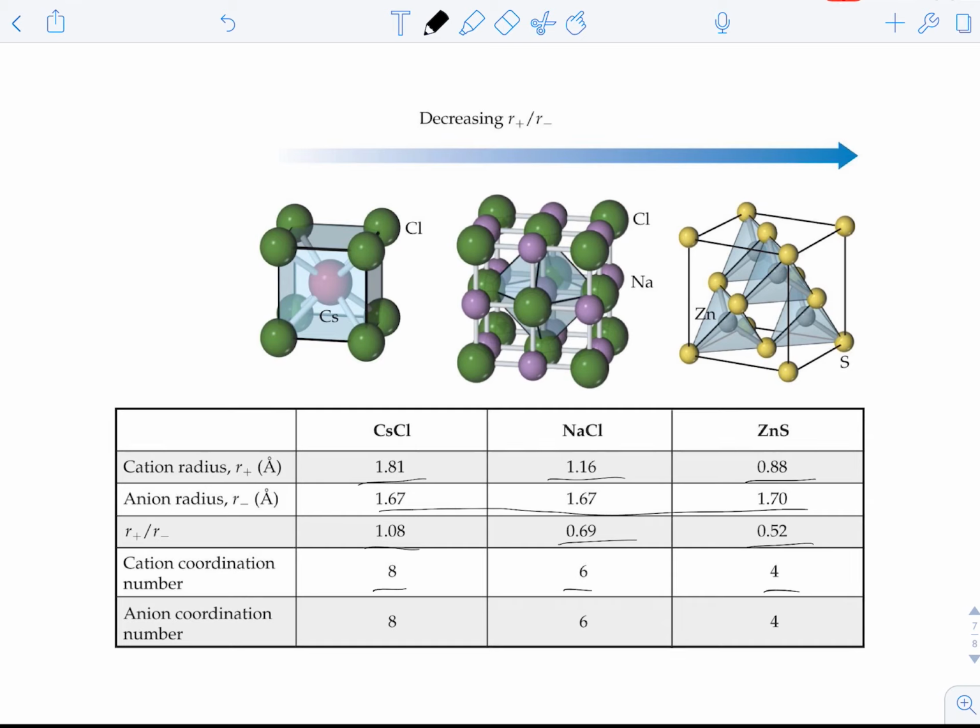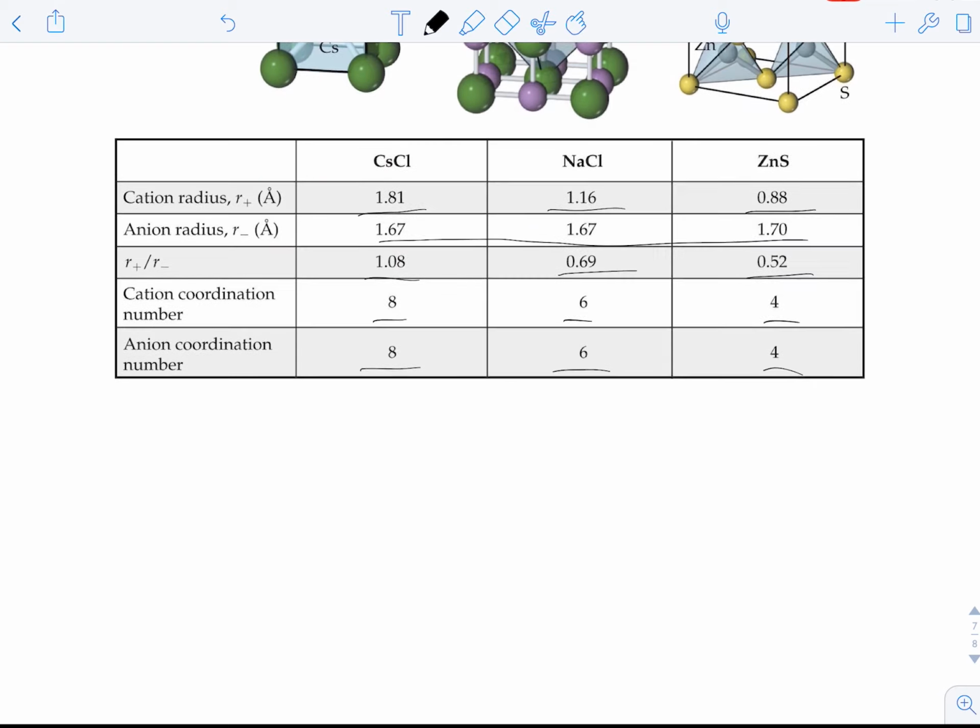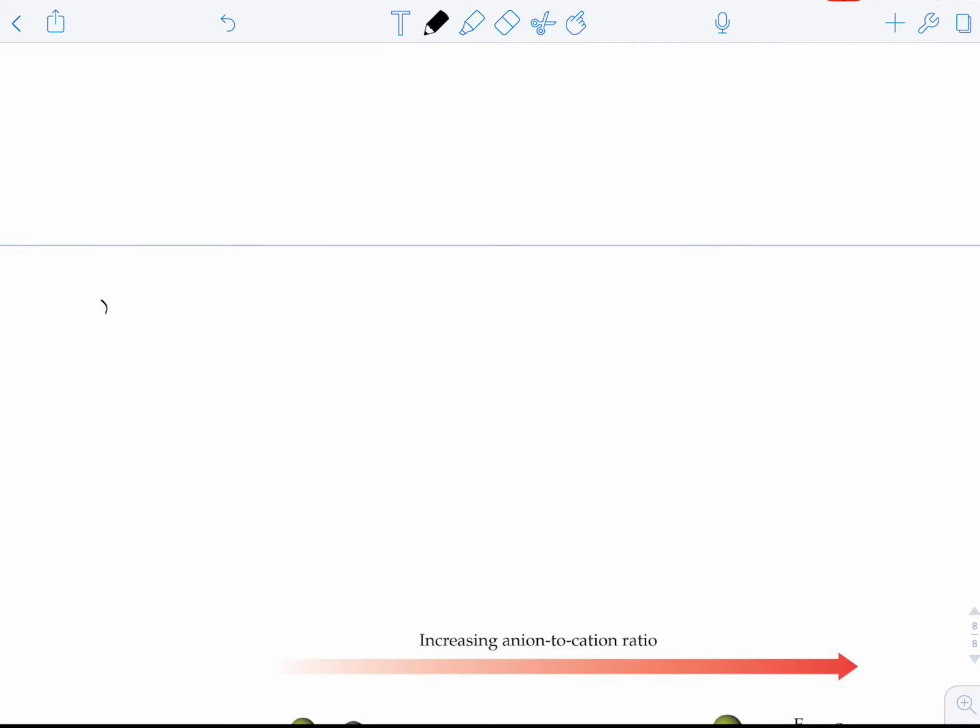Because we have a 1-to-1 cation to anion ratio in this particular table, we have a cation coordination number equal to our anion coordination number. And we can determine our anion coordination number as well. We can figure out our anion coordination number using our cation coordination number and our number of atoms in our unit cell.